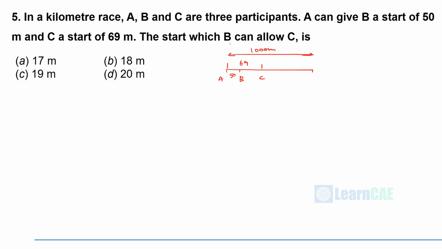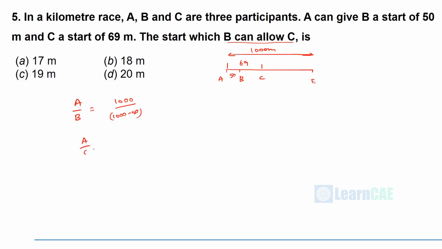Okay. They are asking the start which B can allow C in a 1000 meter race. So between B and the end point, the distance is 950 meter. So for 950, B can allow a start of 950 minus 931. So accordingly, we can calculate for 1000 meter race. Okay. Here the distance covered by A to B for 1000 meters is given by 1000 divided by 1000 minus 50.